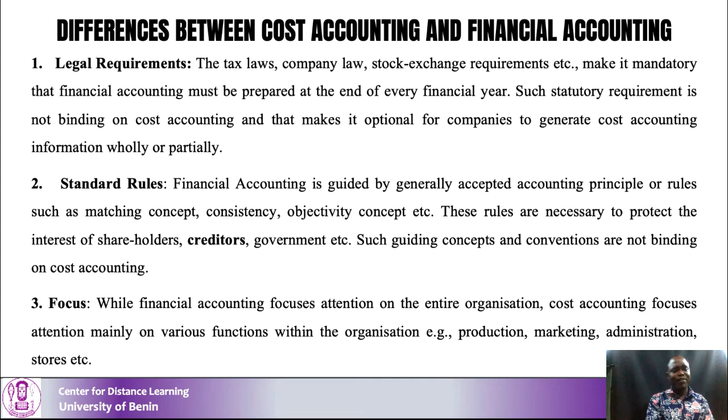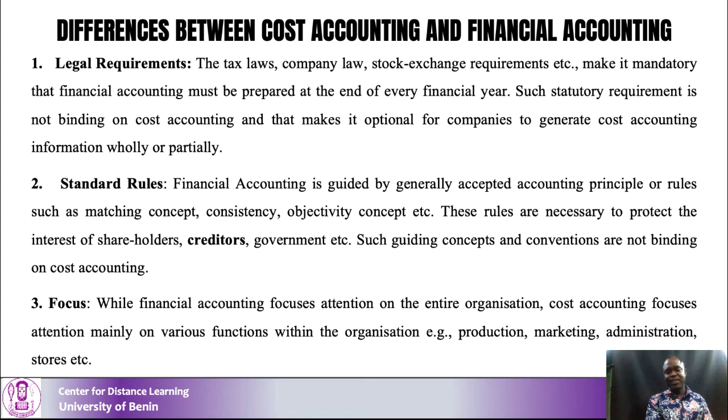Then we also have another area of difference, which is known as focus. Financial accounting focuses attention on the entire organization. By so doing, it takes a look at the summary of the transactions that occur in an organization.